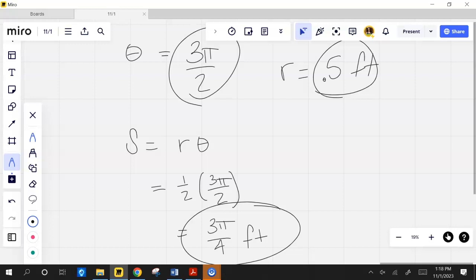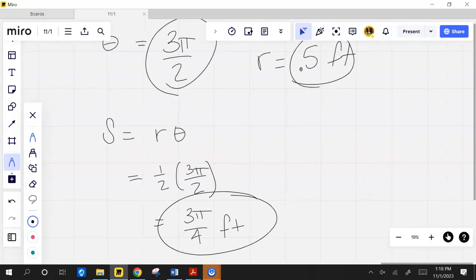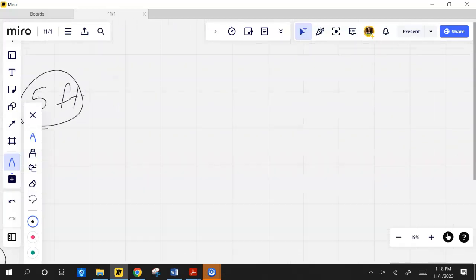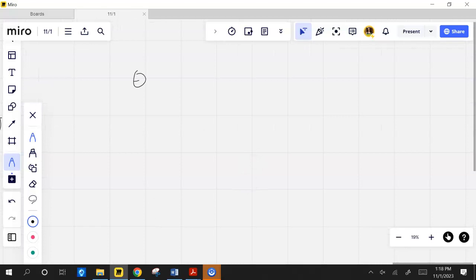So what happens if it's not? What happens if I'm given degrees? Let's say my theta was 120 degrees and my radius was 1.8 feet.